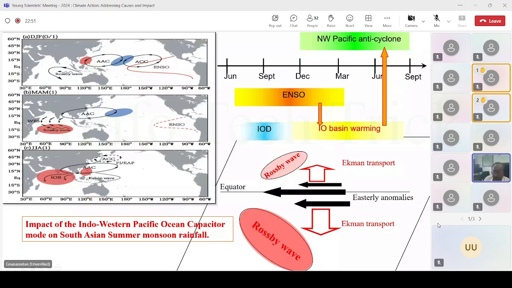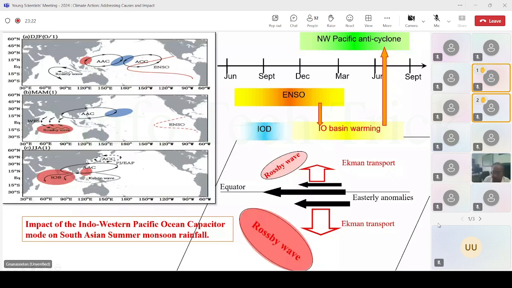And see, this is the way they are tied. You can see the ENSO time scale persists up to the next March, whereas IOD is a very short-lived one. Maybe by October, November they are gone, but immediately after that, when ENSO is there, there is a basin-wide warming, and it interacts with the feedback from the Northwest Pacific, and both the Northwest Pacific anticyclone and the Indian Ocean basin mode persist up to the next June, July, or August.